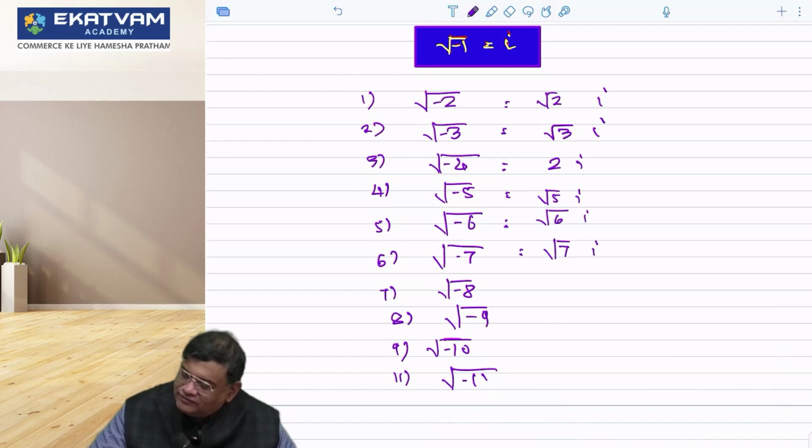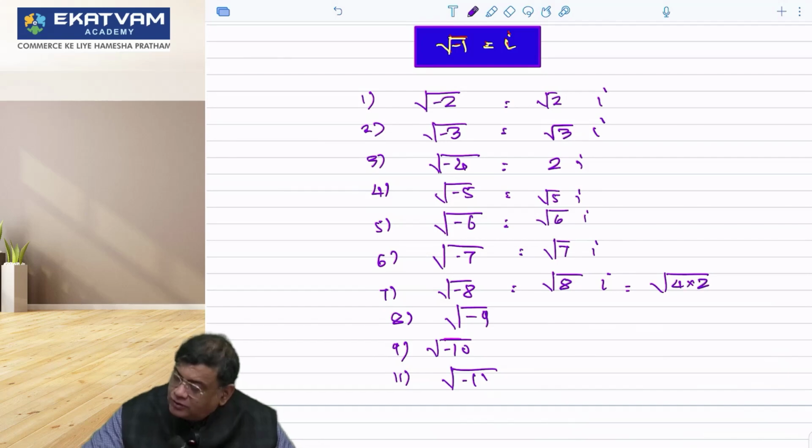Then root of 7 into i. This is root of 8 into i. But try to understand, root 8 can be written as 4 into 2, that into i. But root of 4 is 2, no?